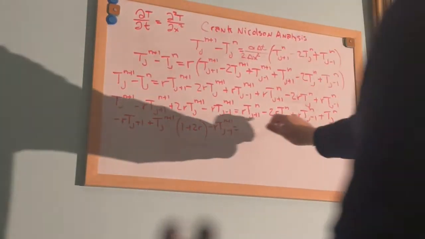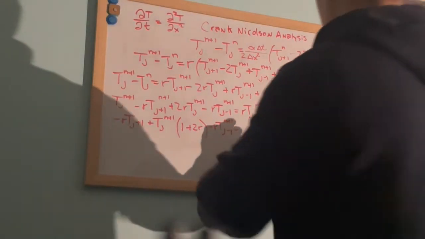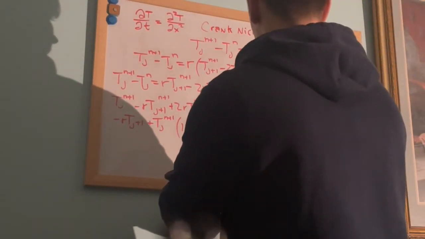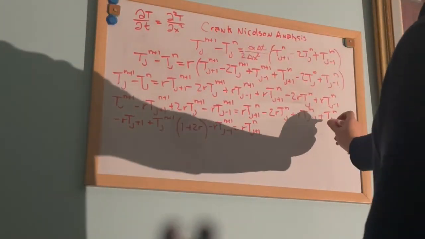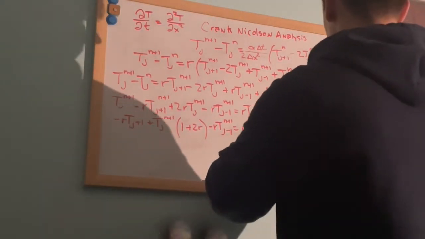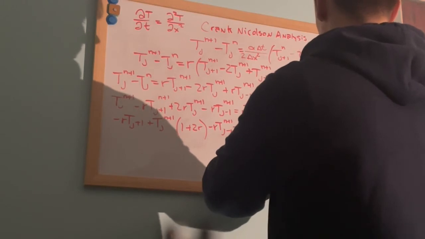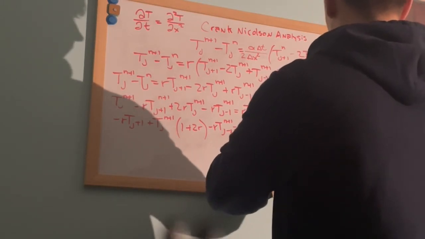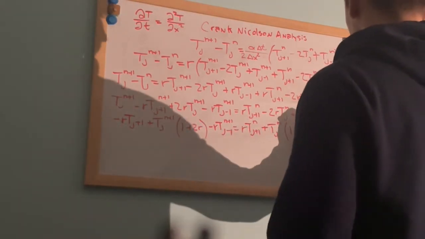And you would do the same thing on this side, essentially. You'd have that j+1 term carry on down. And then you would combine the tjn terms, because those are going to be the ones that have something in common. So you have plus your tjn, you have 1 minus 2r, because there's a minus 2r right there.